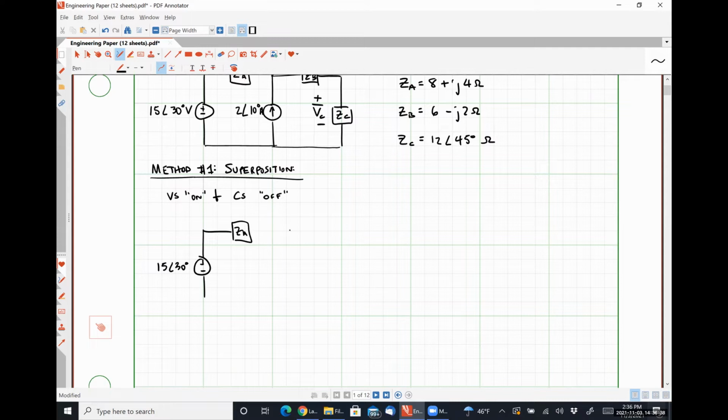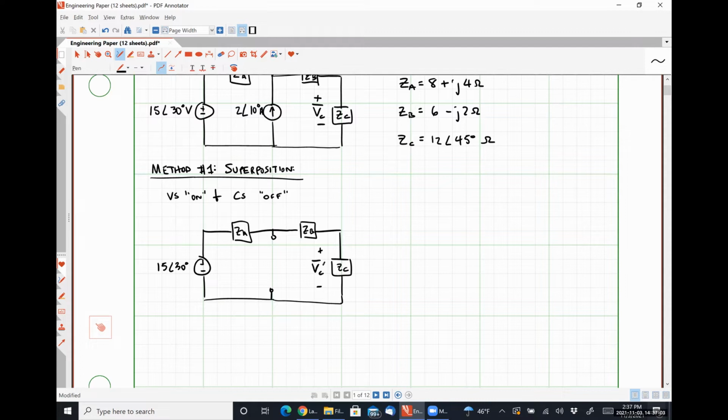Here's the A. Here's the B. Here's the C. Our current source being turned off in the frequency domain still looks like an open circuit. So this is what we're trying to solve for, and I should call this VC prime.